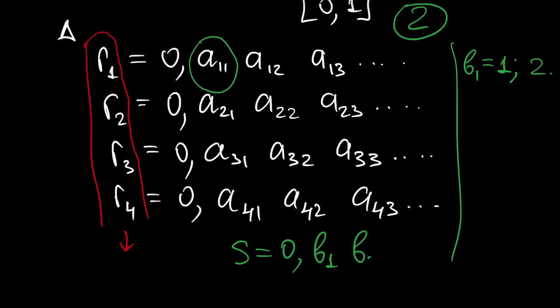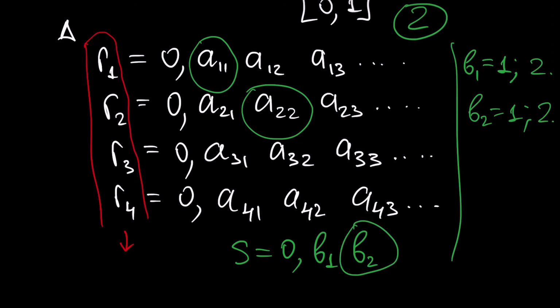Next, B2, the next digit of the decimal representation of our number S, is defined using the same argument. If A22 is equal to 2, B2 is 1. If A22 is not equal to 2, in this case, B2 is equal to 2. So this number B2 will always be not equal to A22.